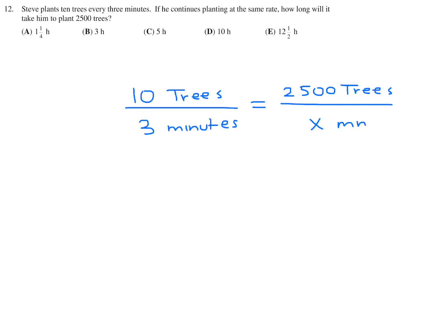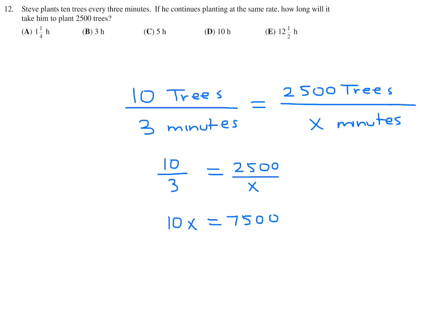So X minutes. X is what we're trying to figure out. Now, we can get rid of the word trees and the word minutes to get 10 over 3 is equal to 2,500 over X. So 10X is equal to 7,500. X is equal to 750 minutes.